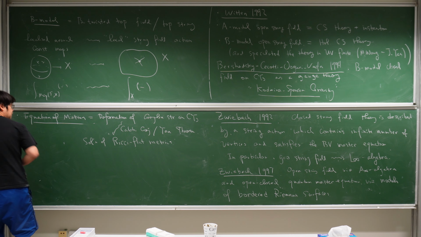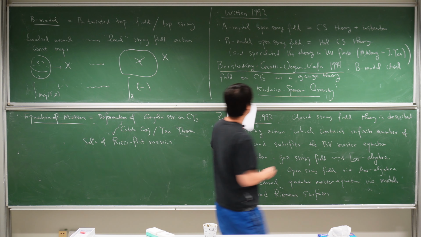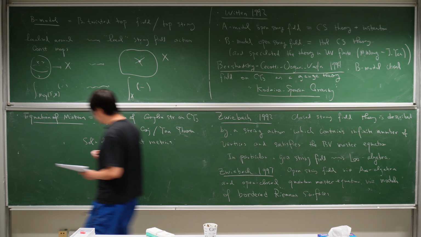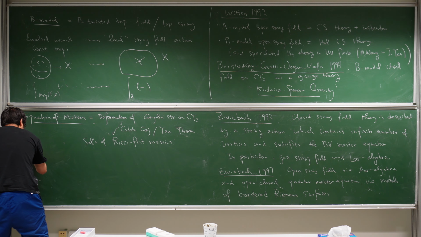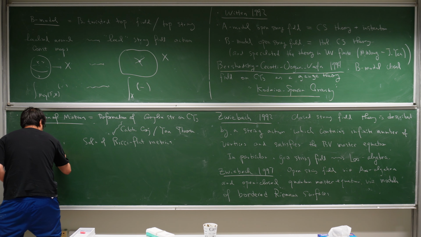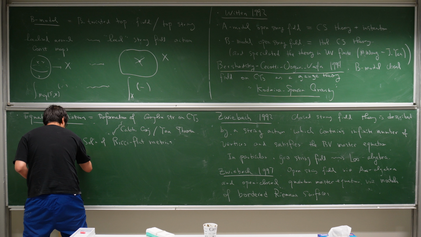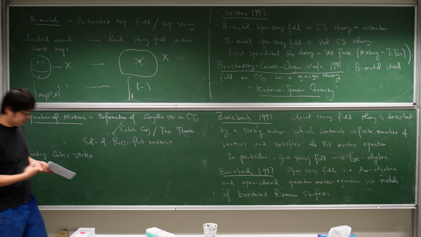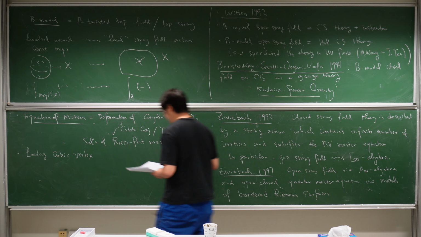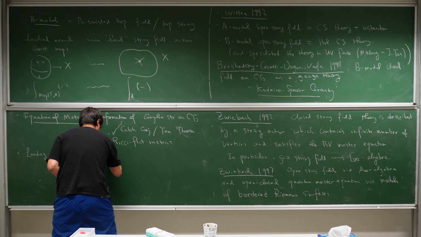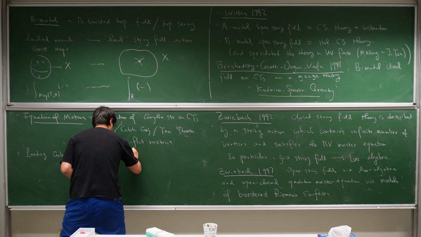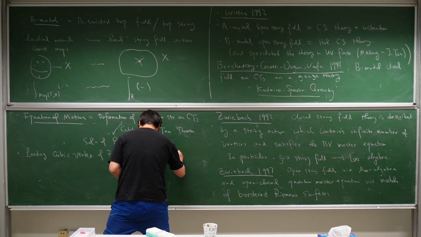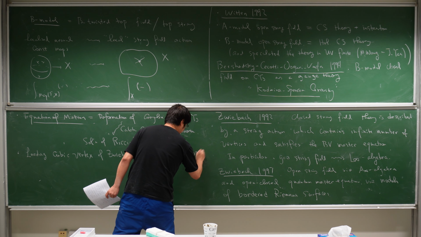And there are a bunch of more features about this theory, and this original BCOV theory. They proposed a cubic interaction. This is actually the leading cubic interaction, in terms of the string field theory of Zwiebach, in the topological B model.